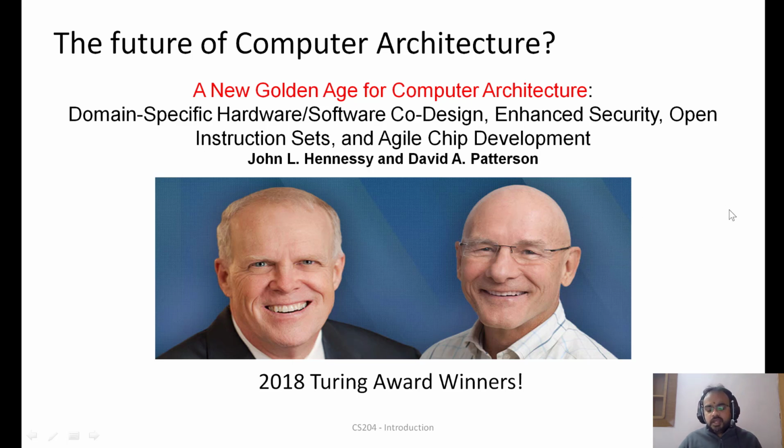They are very influential in the field of computer science, and they are among the pioneers who have built and prophesized many of the computing platforms that we have today. They delivered a Turing Award lecture titled A New Golden Age for Computer Architecture: domain specific hardware software co-design, enhanced security, open instruction sets, and agile chip development.